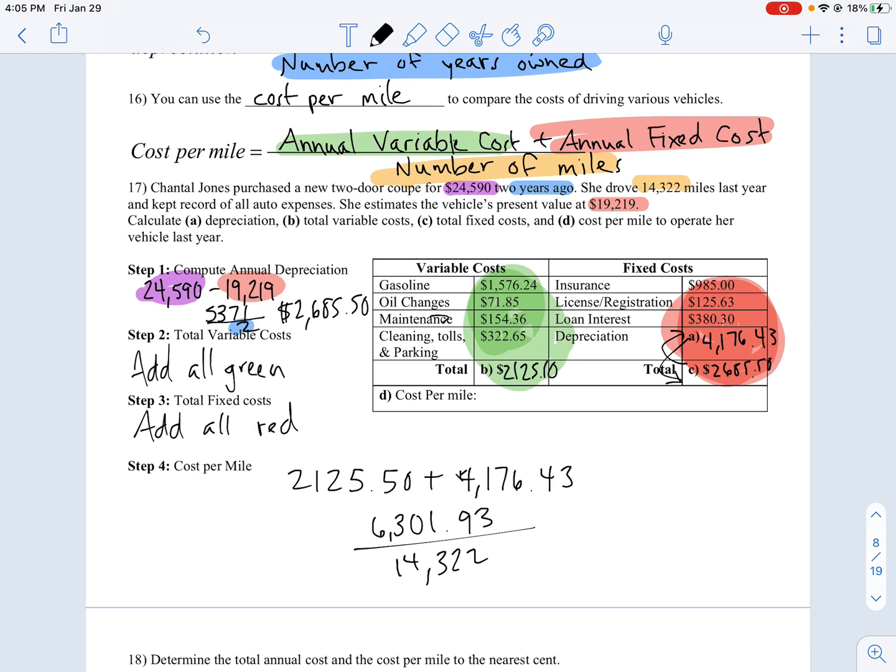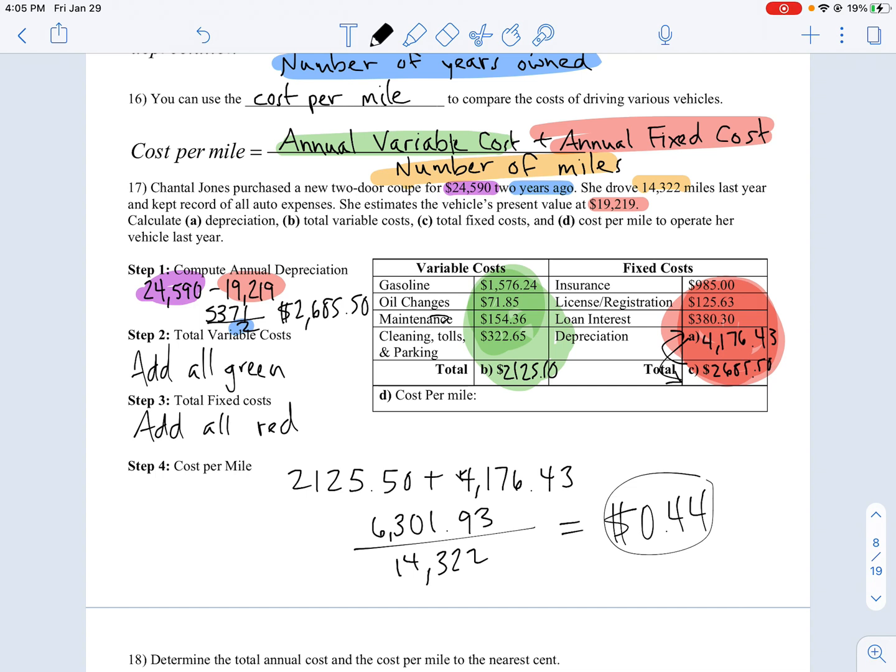So we've added everything together. We can now find the cost per mileage, which is going to be 0.44. So there we go.